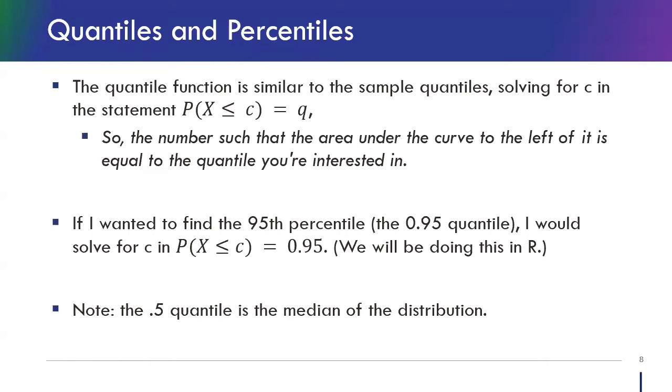I think it's used the same way: we say 95 percentile, but when we say quantile, we say 0.95 quantile. So this is the correspondence between these two terms. But anyway, this is just the statement we're trying to figure out. Either we know this 0.95, trying to find this number c, or we know this number c and are trying to find the corresponding probability. So that's what we're going to do in R later after the lecture.